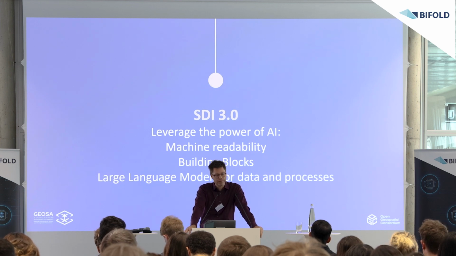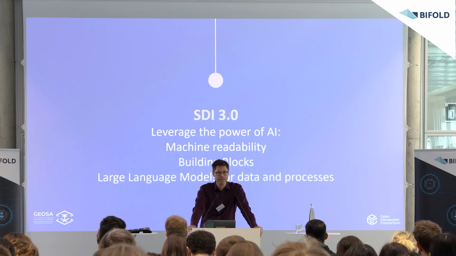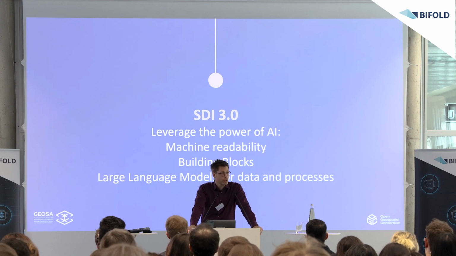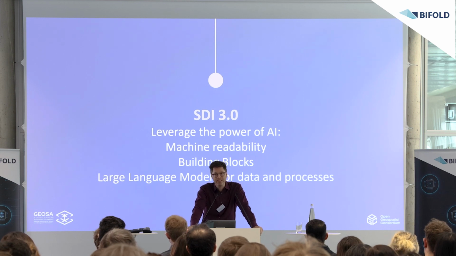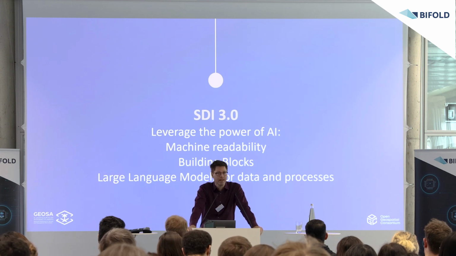We need to leverage the power of AI, otherwise we will continue working in environments that do not really satisfy us in many ways. Machine readability is absolutely crucial. As long as we just publish papers and we don't help our LLMs to learn, well, we don't make much progress, right?